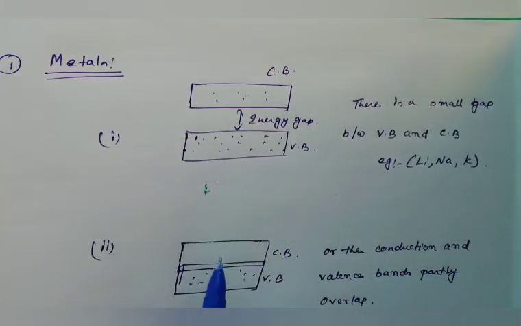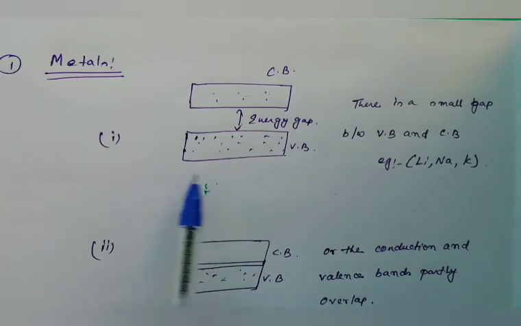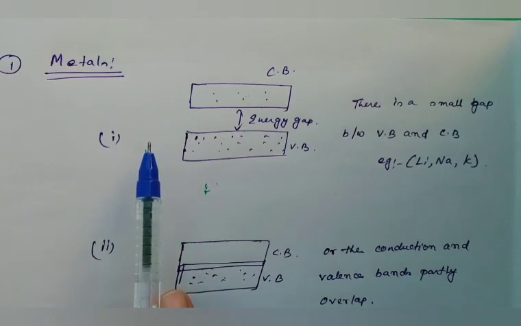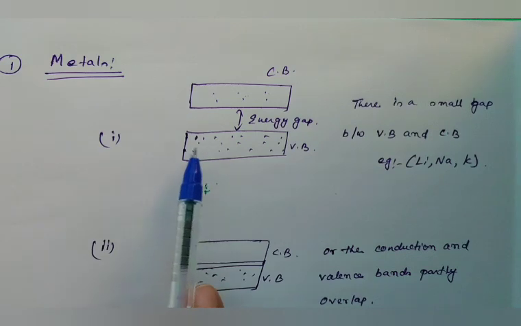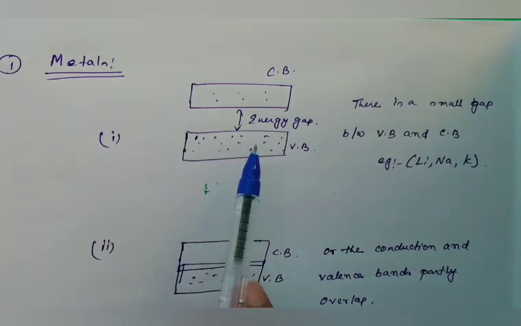Now depending on whether the energy band gap is zero, large or small, solids may be classified into conductors, insulators and semiconductors. Here in the case of metals, there may be two conditions.